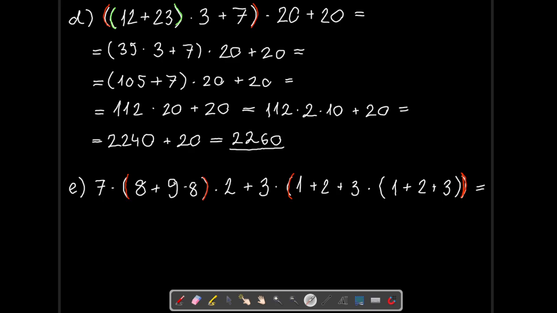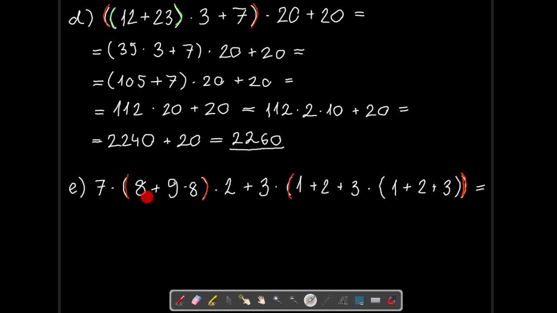Inside of it, we will need to do the multiplication first, and then after getting the result 72, we will add 8 to it, which will give us 80.